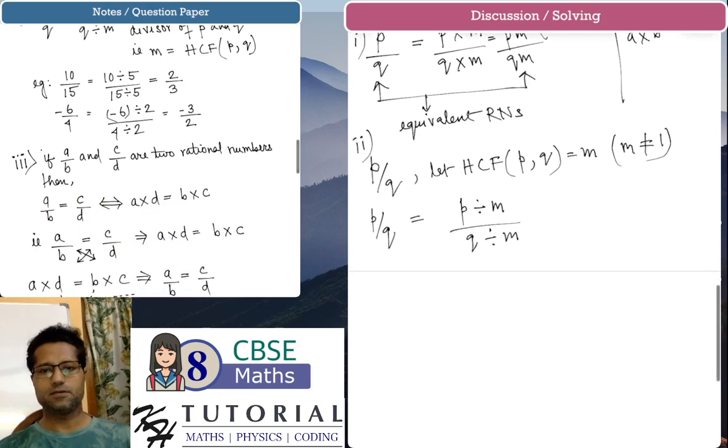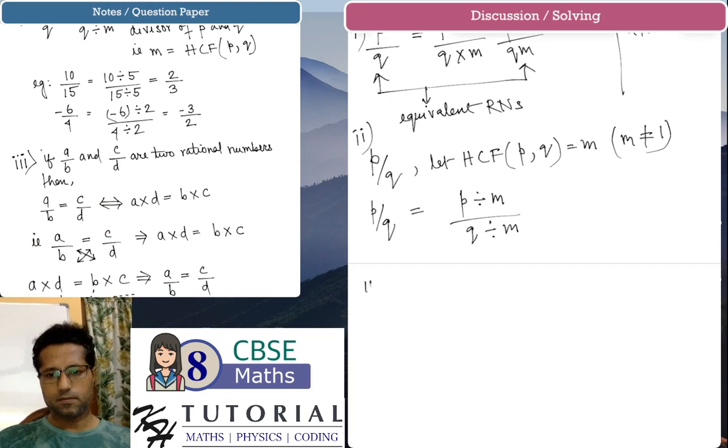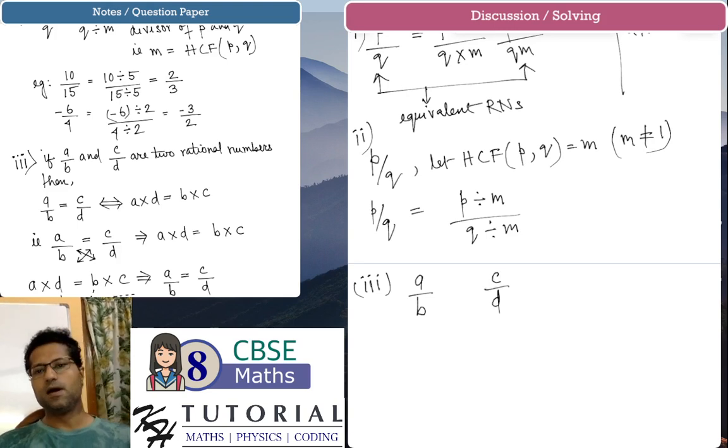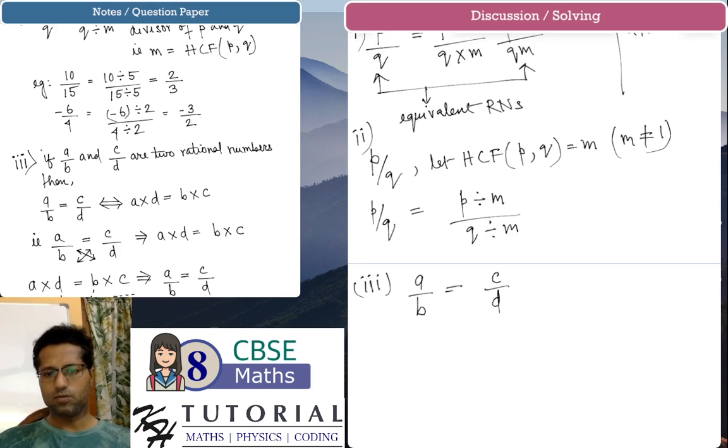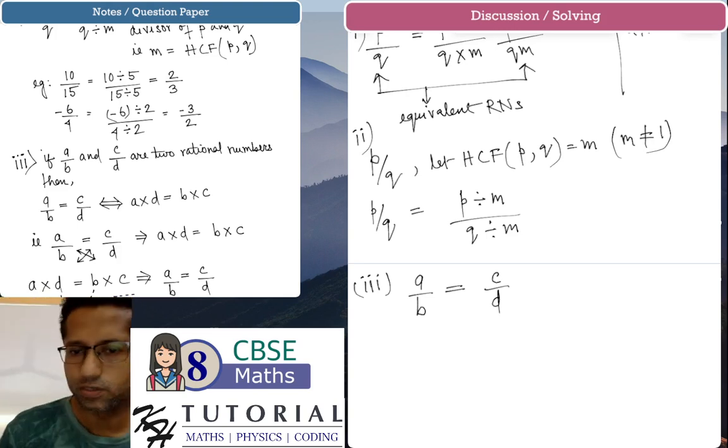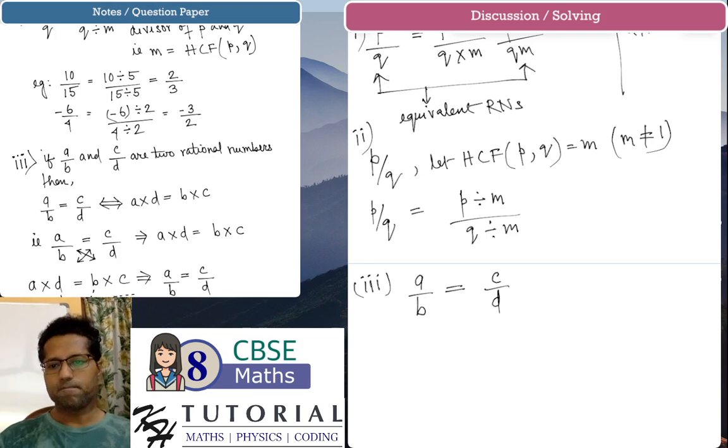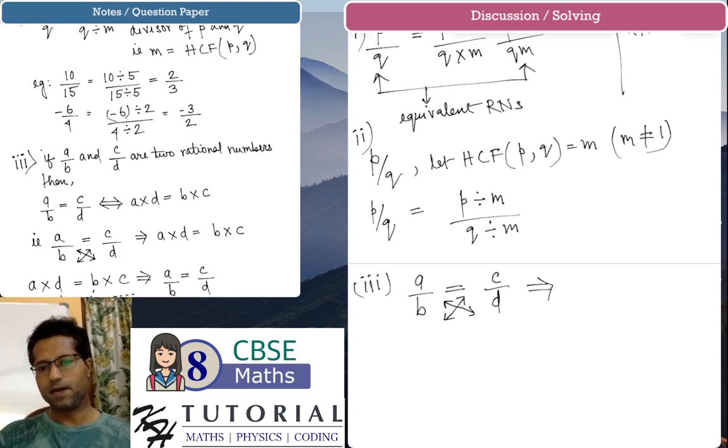Property number 3 says that if you have two rational numbers, let's say a by b is one rational number and c by d is another rational number, and you know that they are equal, if this equality is true, that is a by b is equal to c by d, then this implies, if you do cross multiplication, which is indicated with this symbol, that is, if you multiply a and d and multiply b and c, the value of a into d will be equal to b into c.